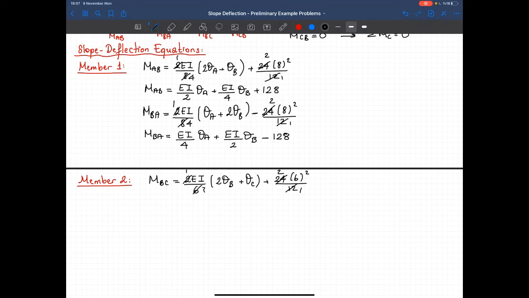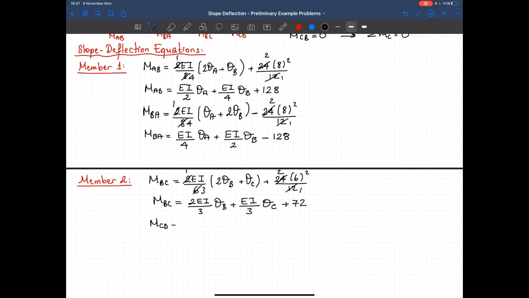That's 1, that's 3. So MBC will then be equal to 2EI over 3 theta B plus EI over 3 theta C plus 72.